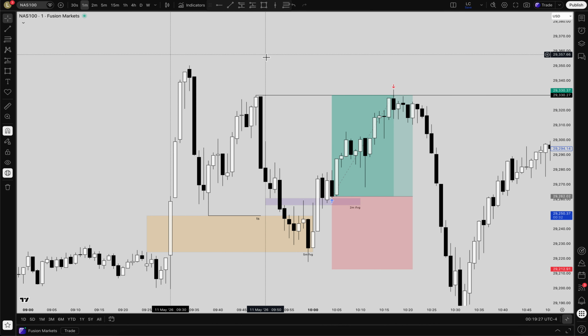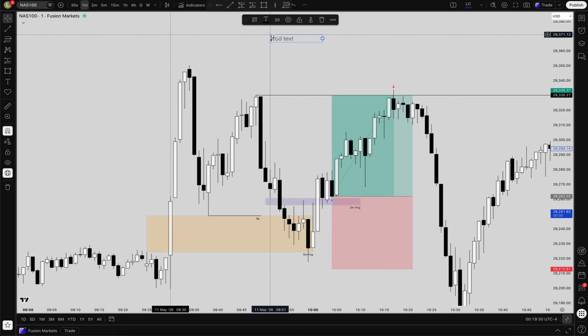So if I was to recap and put it in text, guys, my step 1 is I look for high time frame bias. In this example, it was bullish. Okay, that's step 1. And now that we know that it's bullish, we go to step 2. Step 2 would be the lower time frame entry model.